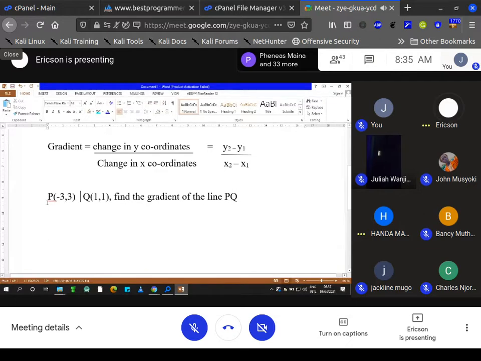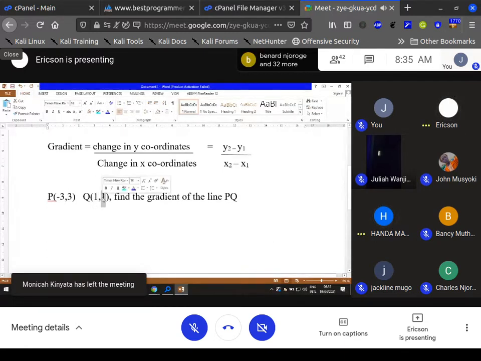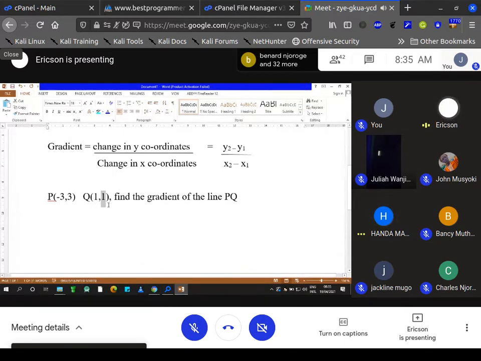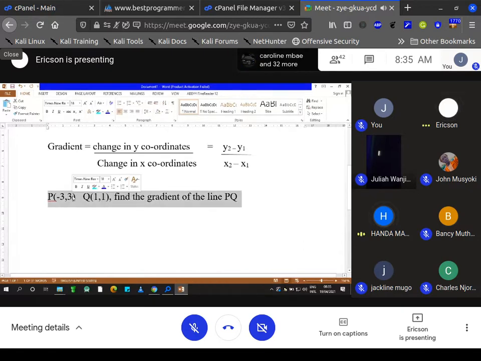When you're given coordinates, this basically means the x value of point P is -3 and the y value of point P is 3, the x value of Q is 1 and the y value is 1. That's the interpretation of this.